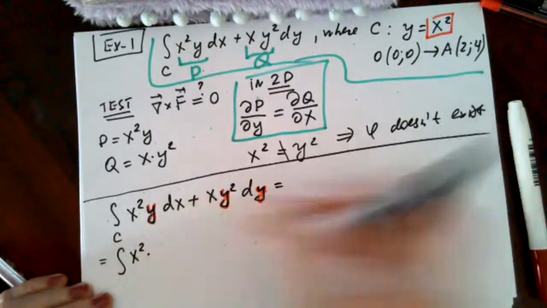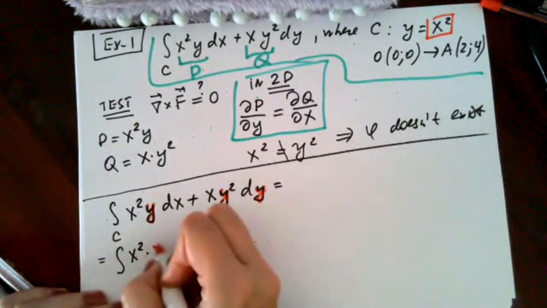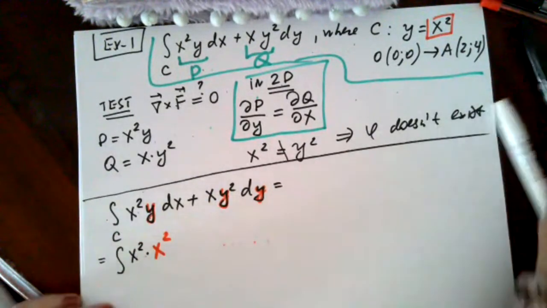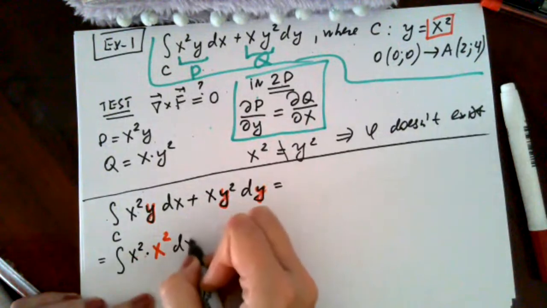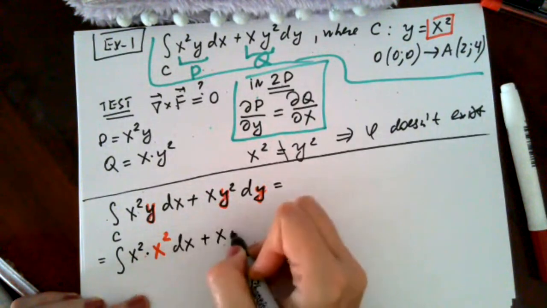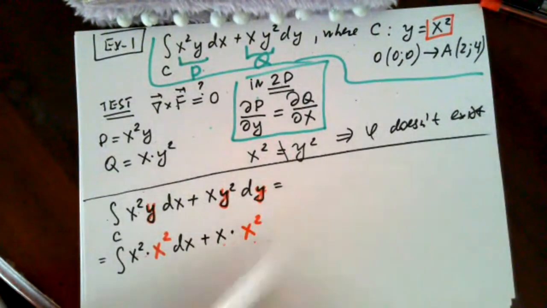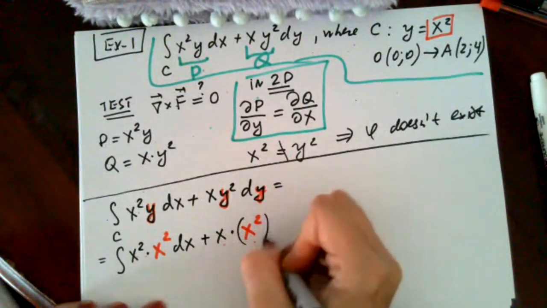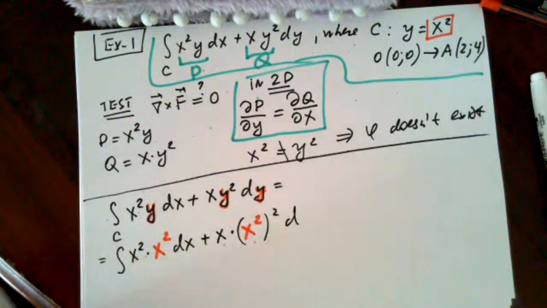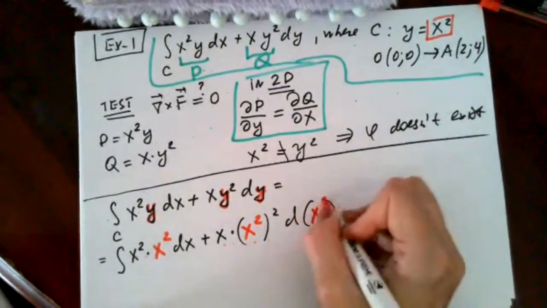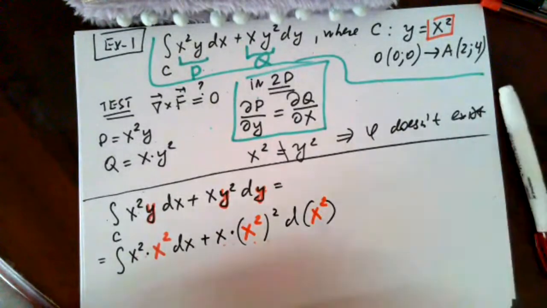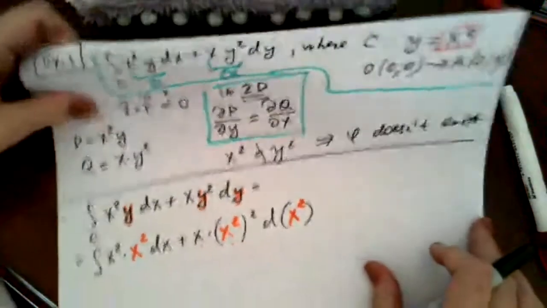So x squared, and instead of y, I'm writing x squared again, because that's what y is equal to, times dx. Now I need to substitute something instead of y in the second term: x, and y squared becomes x squared squared, and d of x squared as well. You can substitute everything even inside the differential, and that's it.